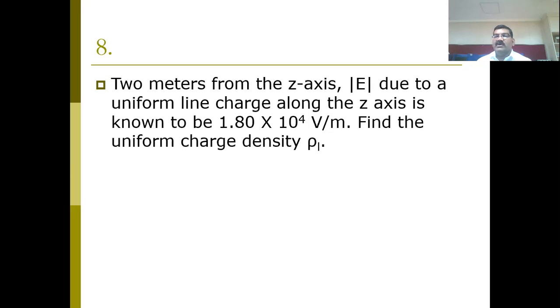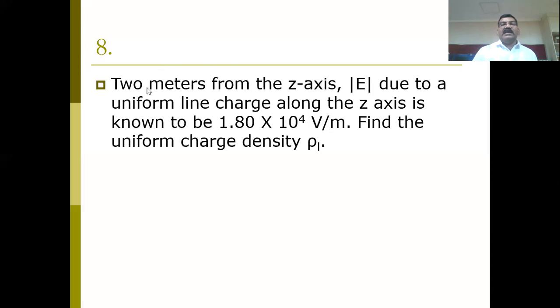You can write the formula E equals rho L upon 2 pi epsilon 0 R, in the direction a_R. Simply put the value of the magnitude, due to the uniform charge along the z-axis, and find rho L. The location is 2 meters from the z-axis, so R, perpendicular to the z-axis, is 2 meters. E is given, and find the uniform charge distribution rho L.